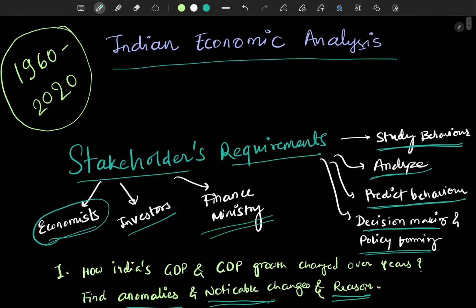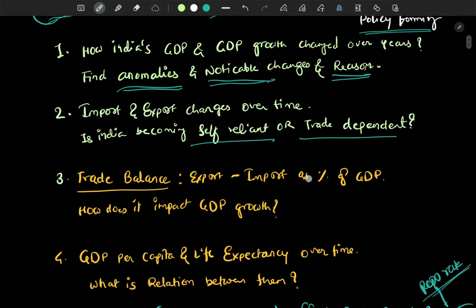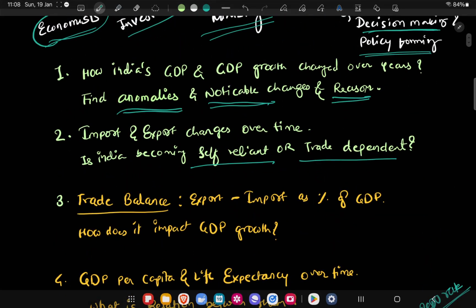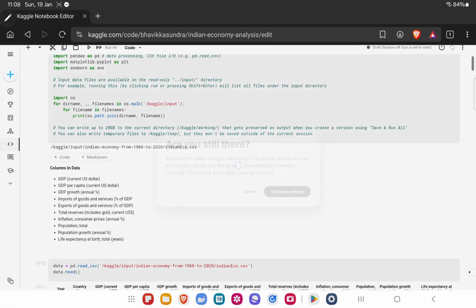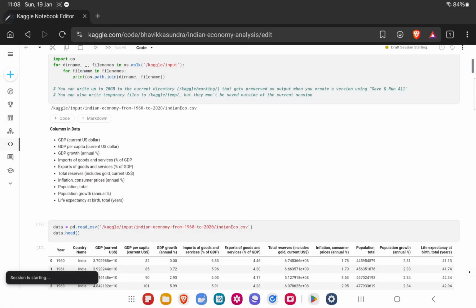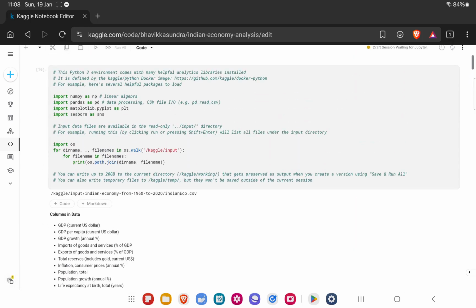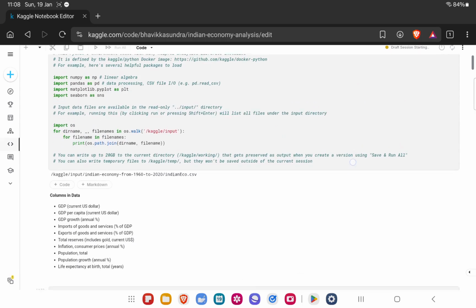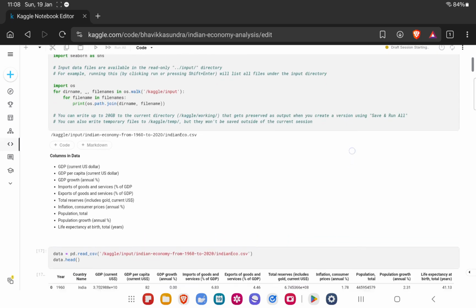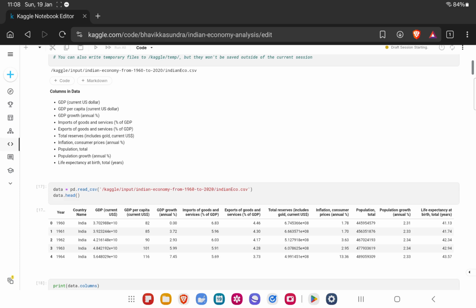Our stakeholders have a few questions we need to answer, and I have created the code. See, this is the code. I got this Kaggle notebook, in which I will use the data of the Reserve Bank of India, the central bank or something like that.